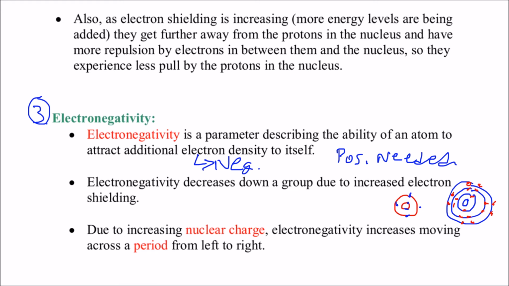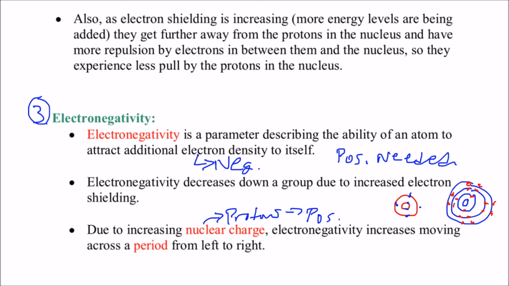Now, increasing nuclear charge. Remember, nuclear charge is the charge inside the nucleus, which is the protons, which is positive charge. Well, if we move from left to right on the periodic table, then we are going to increase the atomic number.